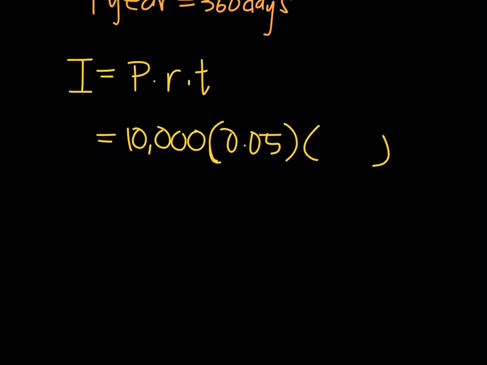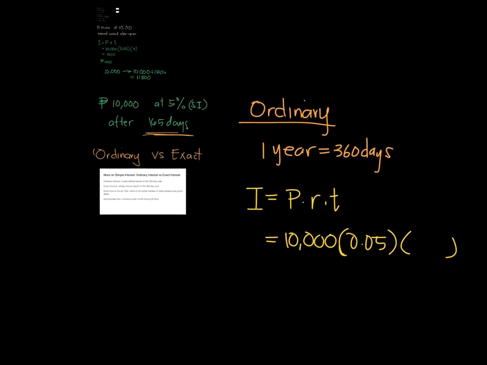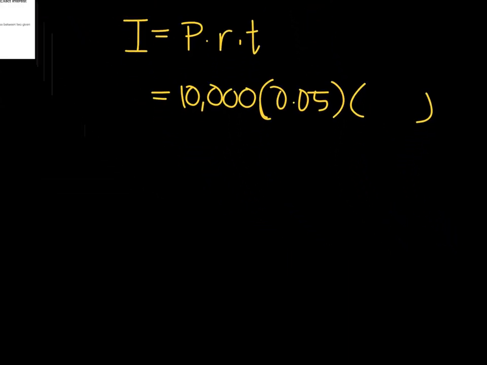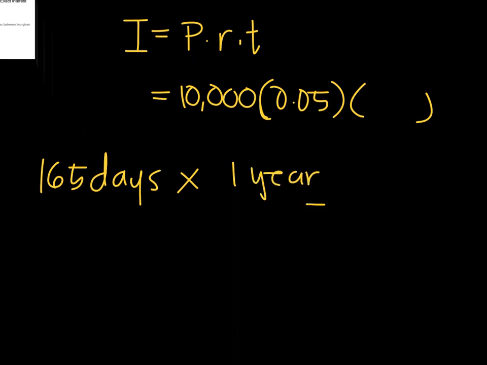Okay, so since the given time is that you have to pay after 165 days, we need to convert the 165 days into years. So 165 days can be converted by multiplying it by the conversion factor, 1 year is equivalent to 360 days.